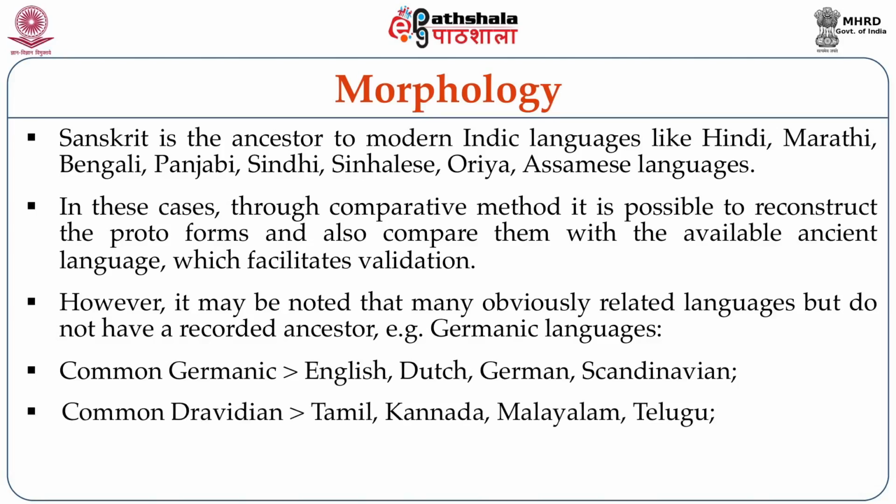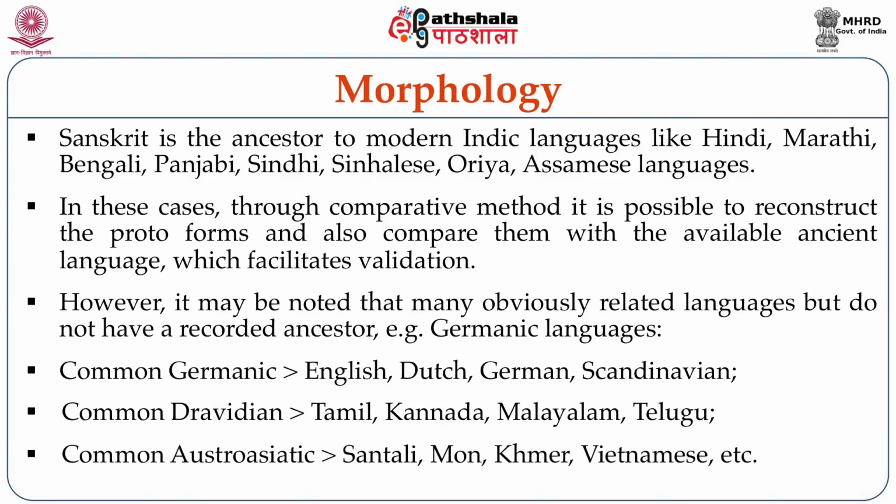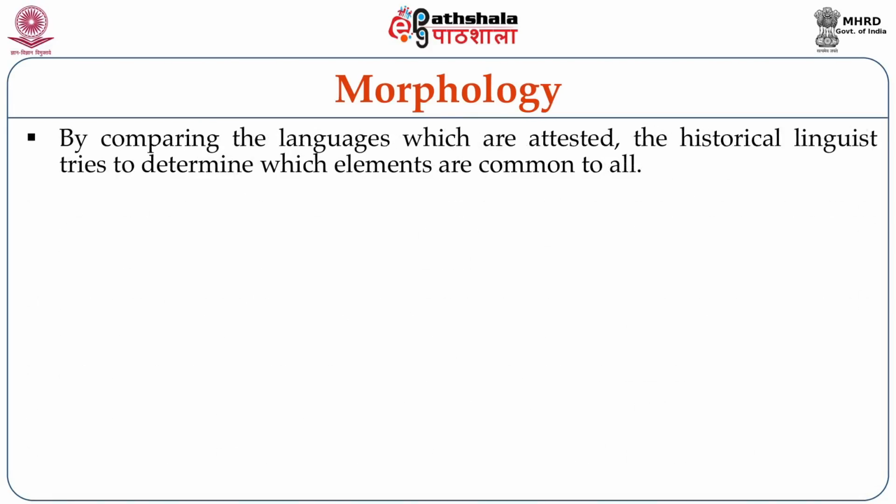And similarly, for languages like Tamil, Kannada, Malayalam, Telugu, and many others, the common Proto-Dravidian is not available. And similarly, common forms of Austroasiatic languages like Santali, Mon, Khmer, Vietnamese is not extant either.